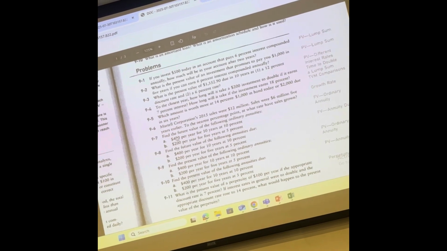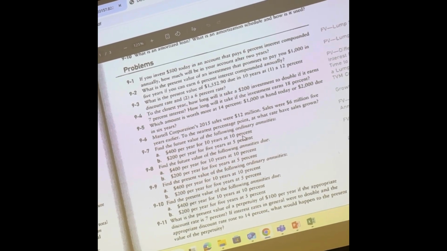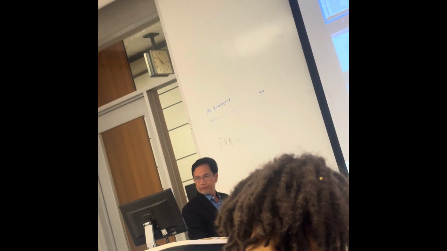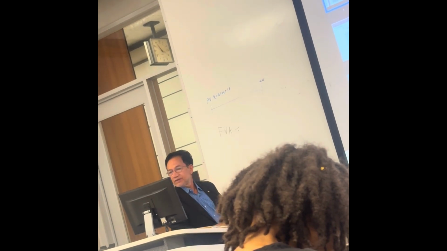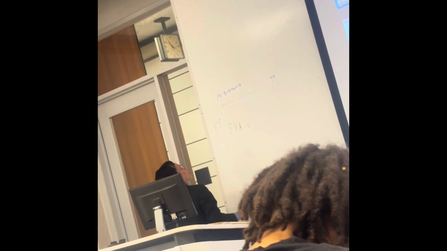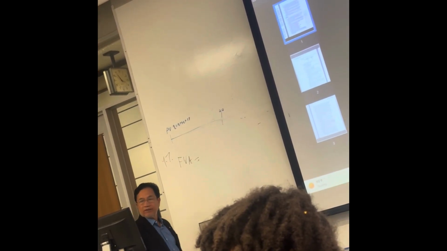Future value of the following ordinary annuities. $400 per year for 10 years at 10%. This will be extremely easy. Future value annuity due, annual ordinary annuity. I'm doing number 97. Future value of this annuity, it says $400 per year for 10 years.